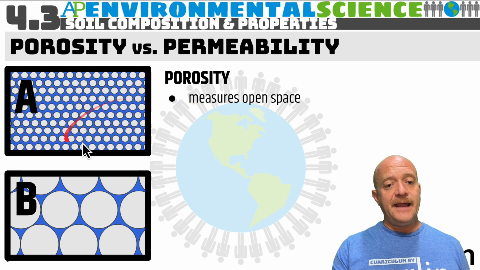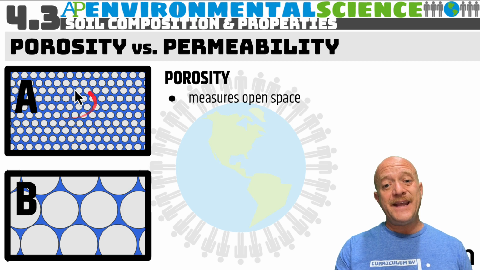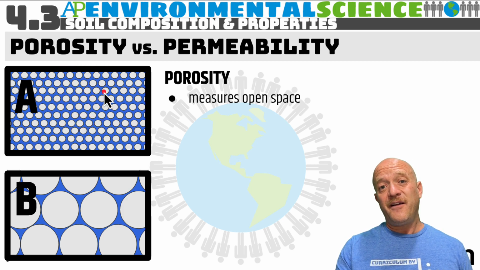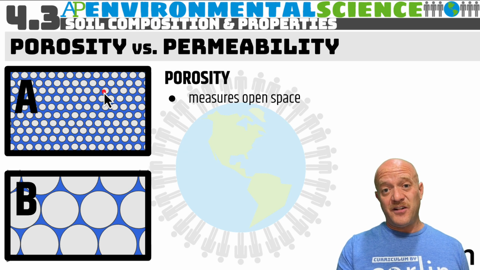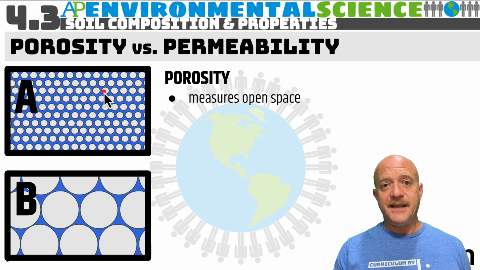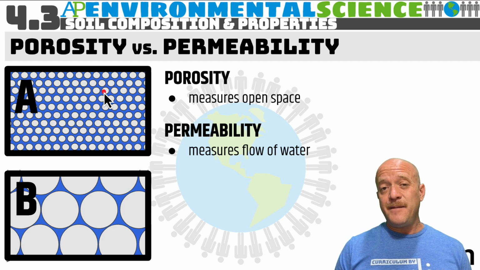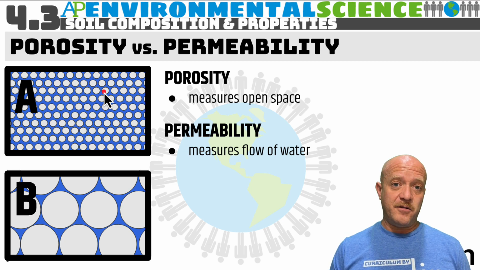If you had something like clay with a lot of spaces between the particles, that's also going to hold on to the water, and the water is going to be held very strongly because of the difference in charges. Remember that clay is negatively charged. Now, permeability measures the flow of the water. When we measure permeability, we can measure it by the amount of time or the amount of volume of water that goes through.